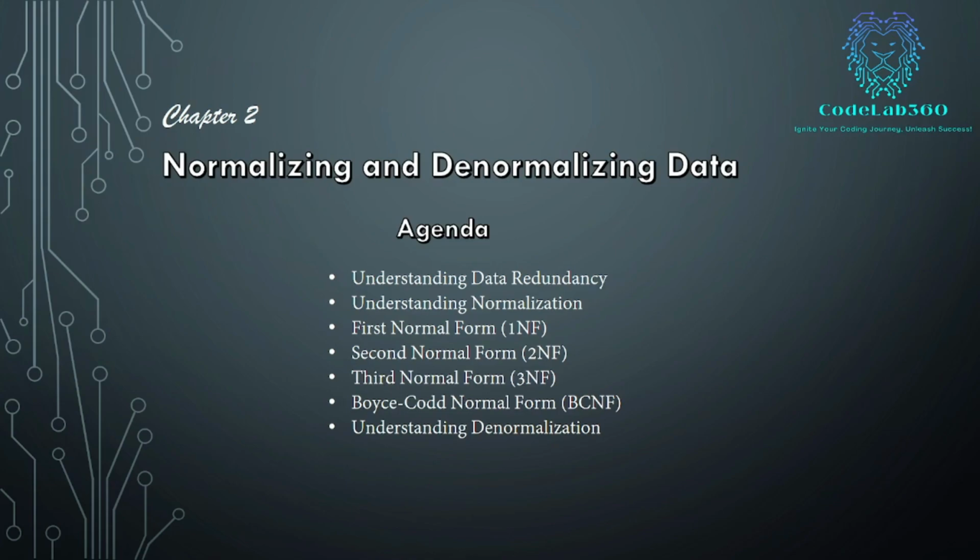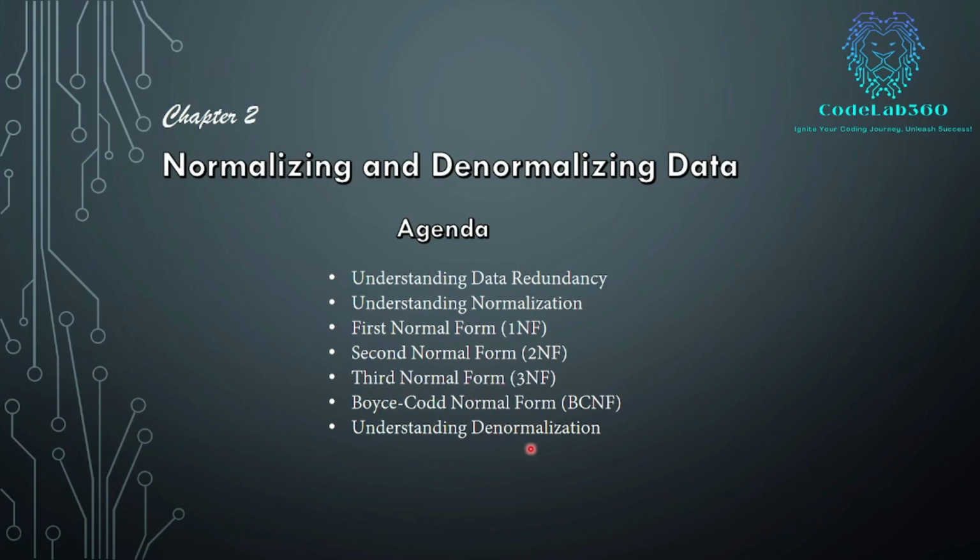Let's look at the agenda for today's session. Today's agenda is understanding data redundancy, understanding normalization, first normal form, second normal form, third normal form, Boyce-Codd normal form, and understanding denormalization.